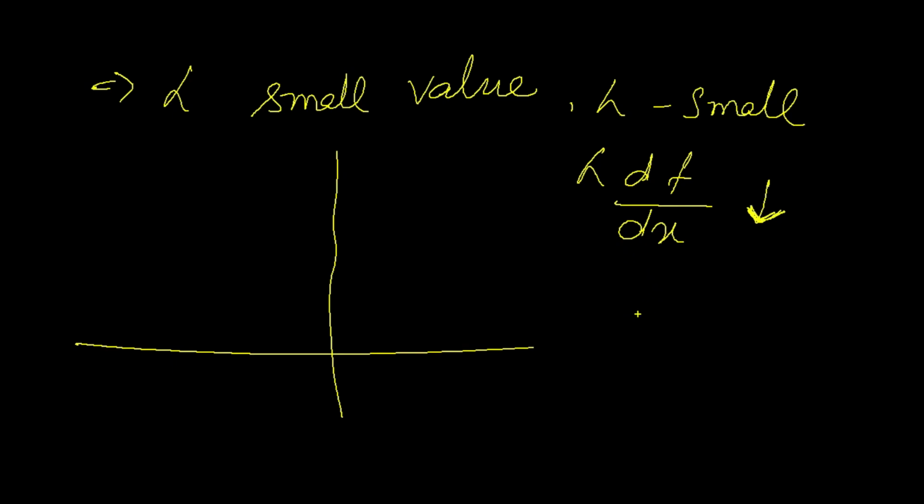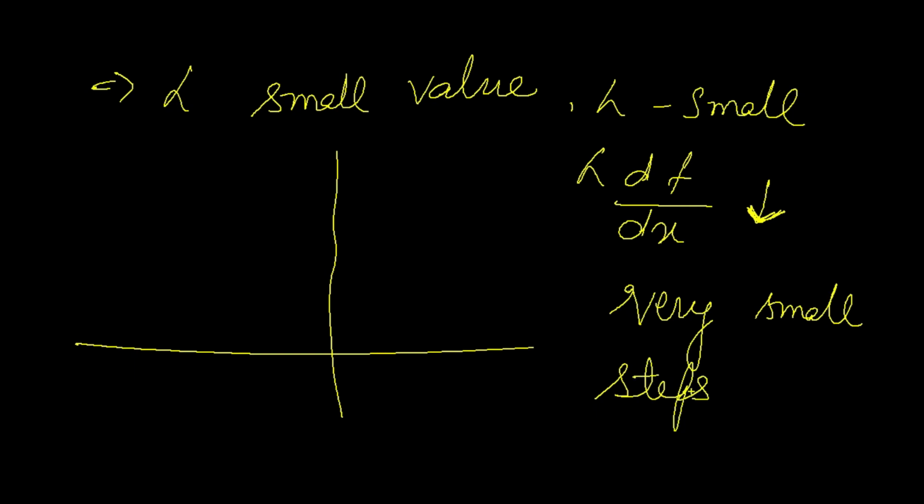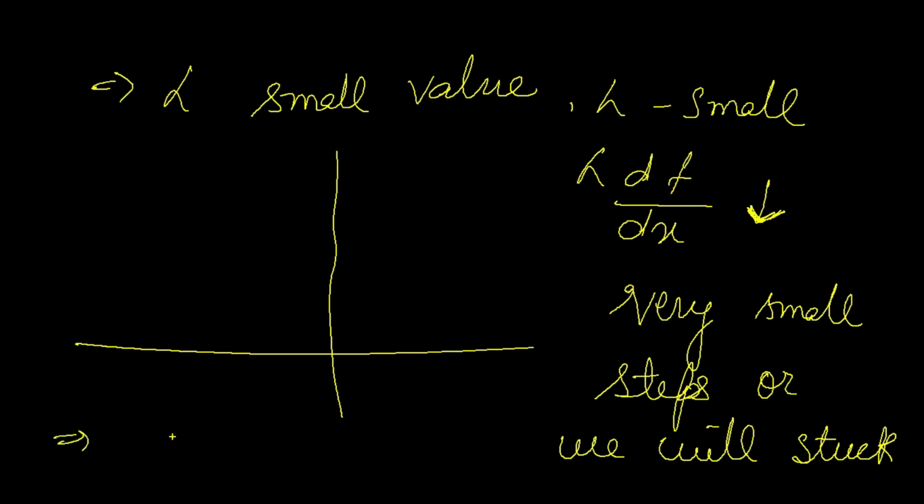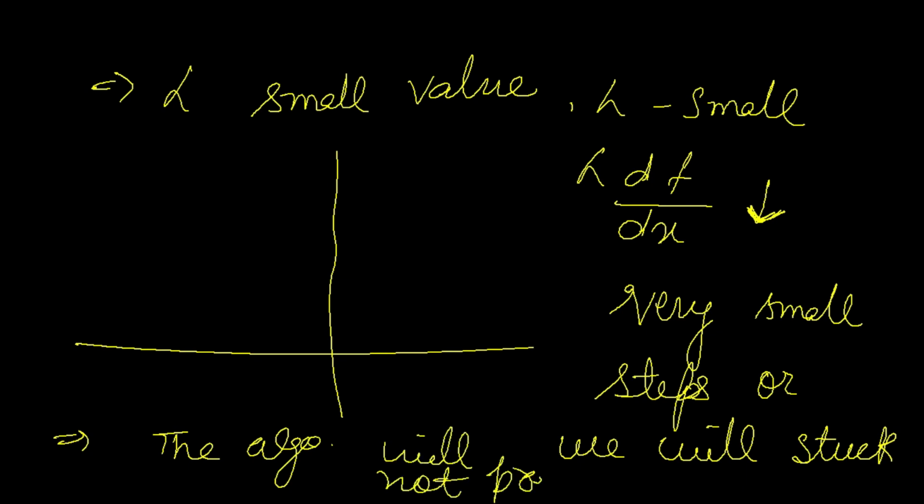In this case, either we take very small steps, or we will get stuck, which means the algorithm will not proceed. This is the first, very small steps, or the algorithm will not proceed.